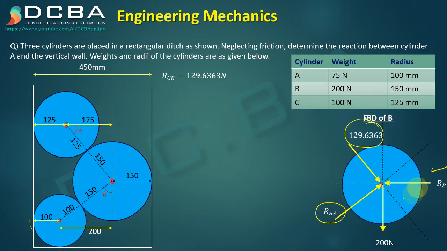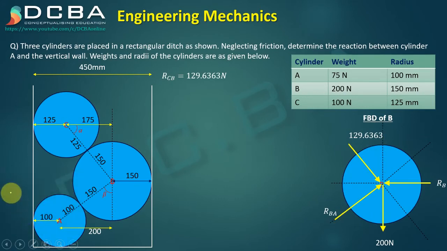So which angles do we know here? We know this beta, then we know this alpha. So this is alpha, this is beta, this is 90 minus beta, this would be again 90 minus beta, this is 90 minus alpha, and this is also 90 minus alpha. So this way we can find all the angles.